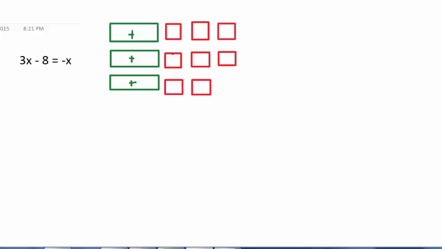Don't forget again to introduce the sign to make sure that you understand that this is negative. Now the equal sign to separate the left side from the right side, and I have negative x. Negative x means I need red color and I need to introduce not a square but a rectangle, and don't forget to mention the sign.